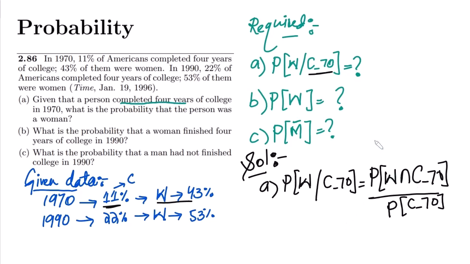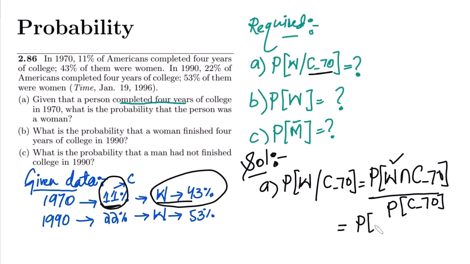Since both quantities are given for the same year, we can multiply them together.